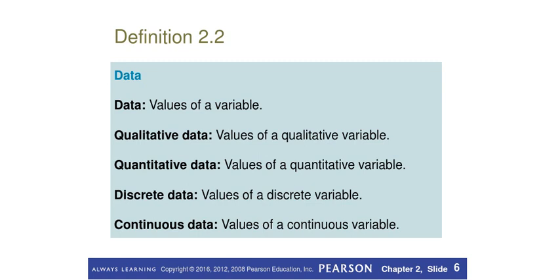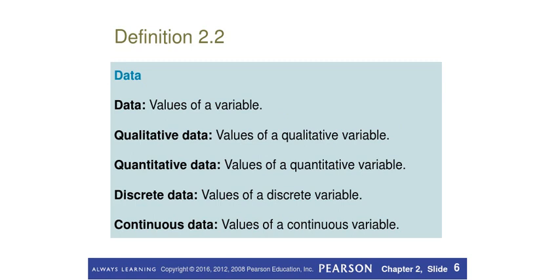Now, data itself talks about the values that the variable takes on. So when I talk about hair color as a variable, that's a qualitative variable. Brown, red, blonde, black, whatever the hair color is, that is a value of that qualitative variable.